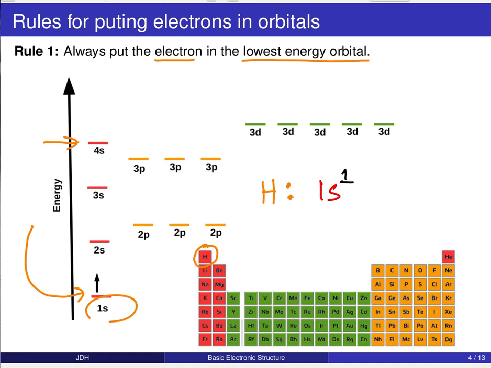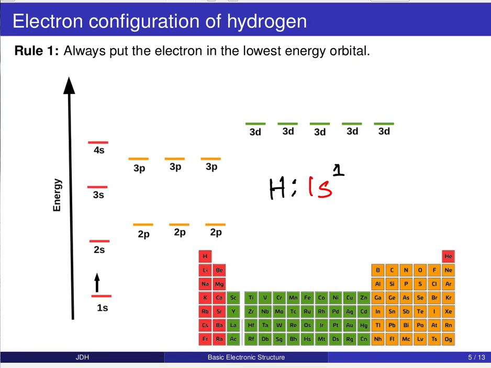So we write out that alphanumerical designation for the orbital, 1s, and then we put a superscript up here to denote the number of electrons in that specific orbital. So our electron configuration for hydrogen is going to be 1s1.